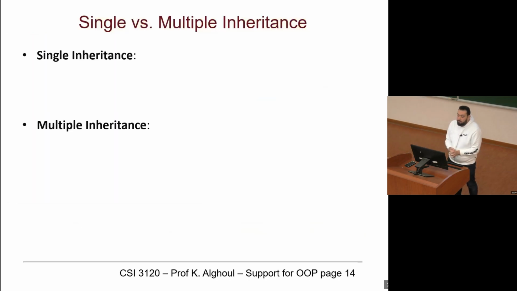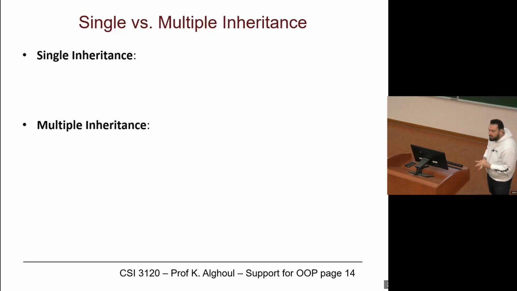Very good. Now, another thing, it's single versus multiple inheritance. If you want to remember from your Java course, does Java support multiple inheritance or not? Michael? It supports interfaces, but not multiple inheritance.